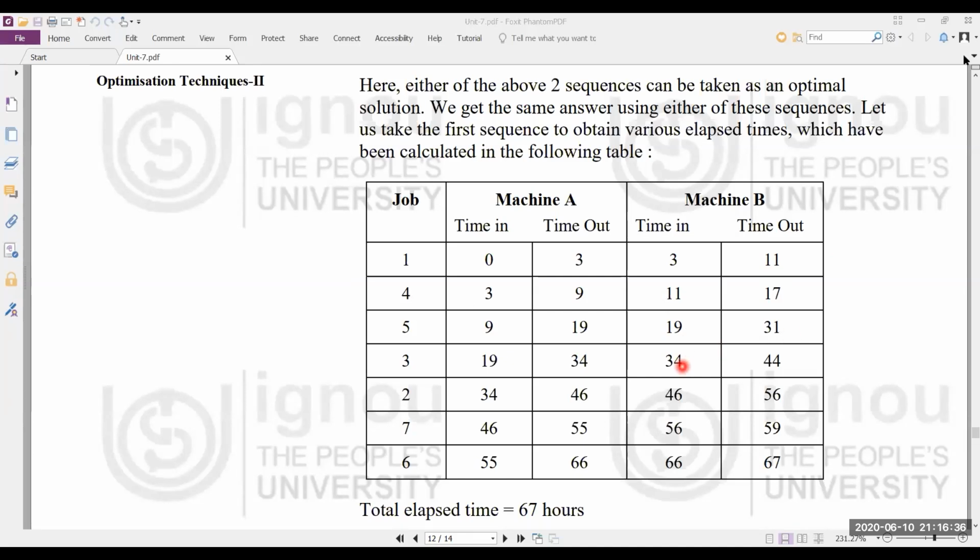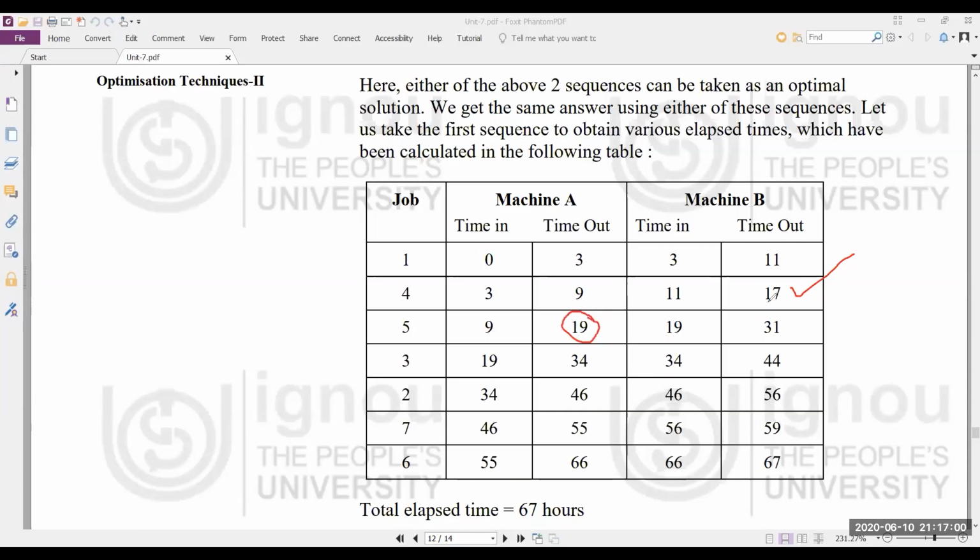Here the situation is slightly different. 0 to 3, 3 to 9, 9, this is clear, but 3 to 11, 11 to 17. Now machine B is free up to the 17 hours, but machine A provides the jobs after the 19 hours.